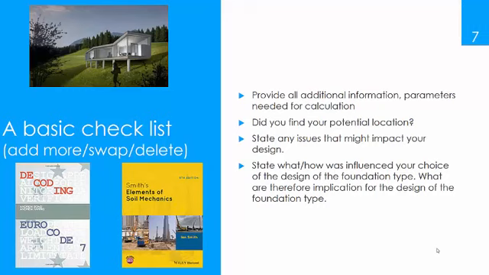And I also put the Eurocode 7. This is just a symbolic book, so it's not something that you really need to search for. You have the Eurocode available on your reading list on Canvas.